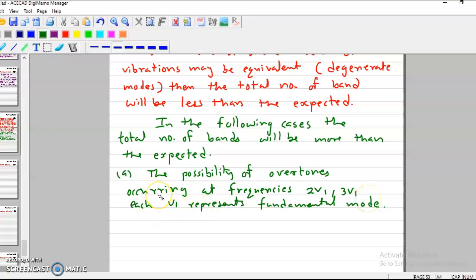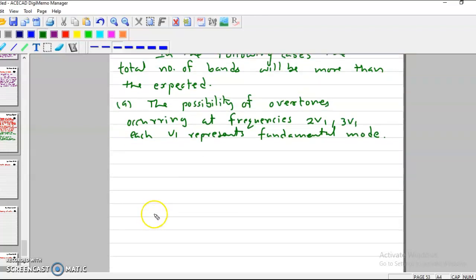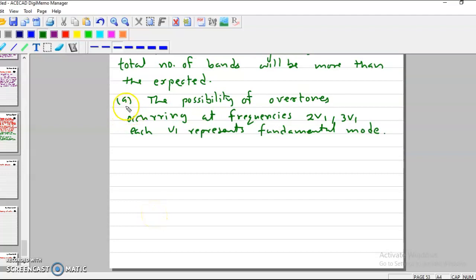So because of overtones, there may be more vibrations than we expect appearing in IR spectra. Second is due to the formation of combination and difference bands.